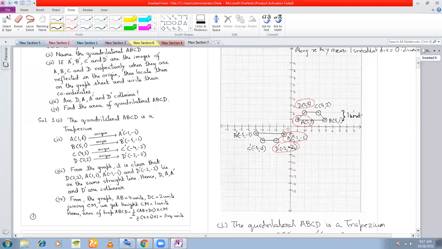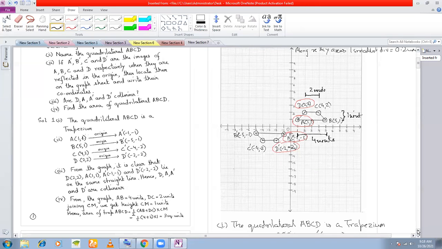So height we have got. Now we find out the length of the parallel sides. So this parallel side, from 1 to this, what is the length here? 5 minus 1, which is equal to 4 units. So this is 4 units, right? And what is the length of the other parallel side? This. So what is the length here? 4 minus 2, which is 2 units, right?